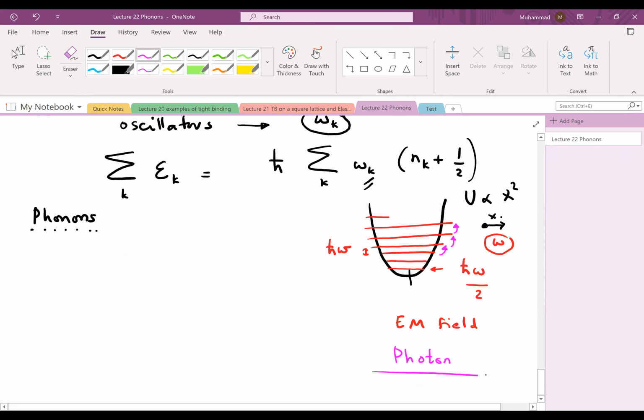But the electromagnetic field is not the only kind of field. You can have an oscillation field as well, and that's what we have in our scenario. In our scenario, we have an energy Ek, which is quantized in exactly the same fashion. So each quantum of vibration is called a phonon.